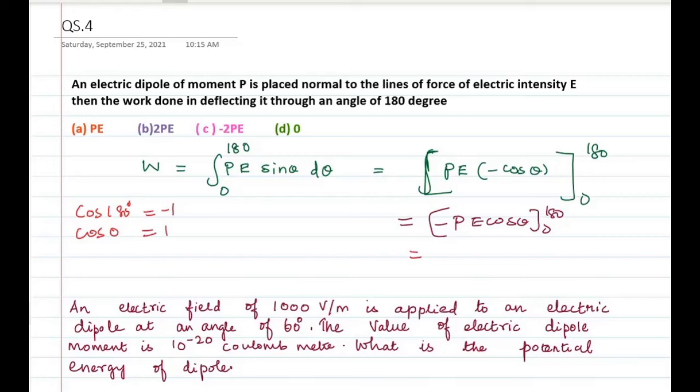So we'll get PE into 1 plus 1, that is 2 PE. So work done will be equal to 2 PE. Minus of cos 180, which is minus 1, gives plus 1, and minus cos 0 again becomes minus 1, giving the sum 2. So option is B.